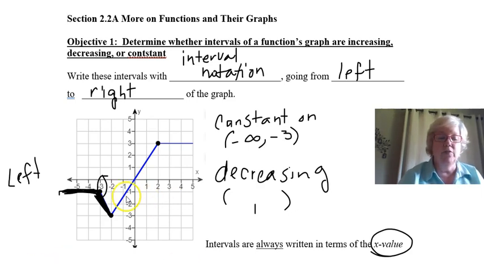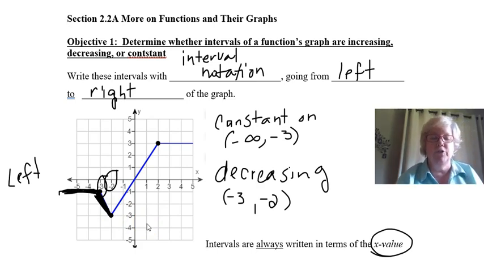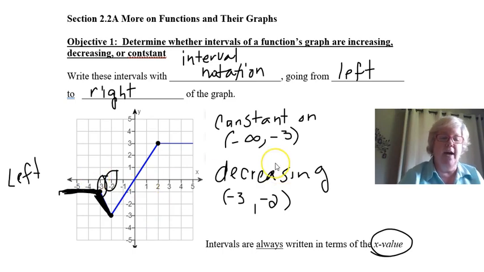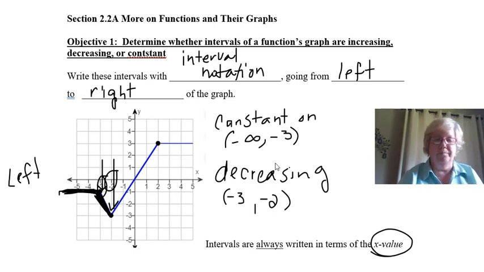It decreases from the x value of -3 to the x value right here, and I notice that is a -2. So I will write -3, -2. Again, those are the x values that correspond to the points on that interval.